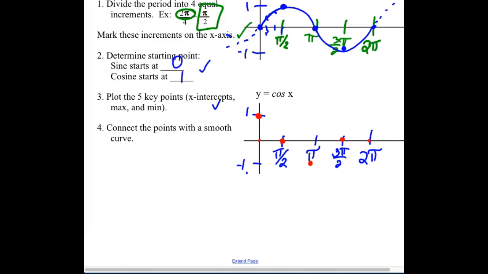Back to 1. Whoops, sorry, putting it in the wrong spot. Okay, so similar, it's got curves to it, but this one's going to look like this. So more like a bowl or a vase kind of shape.